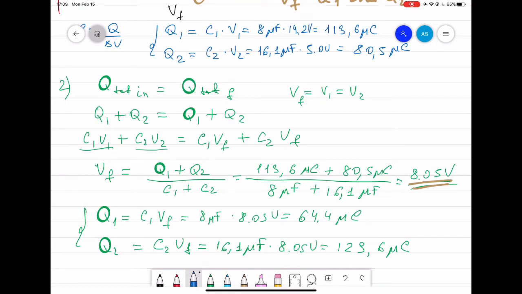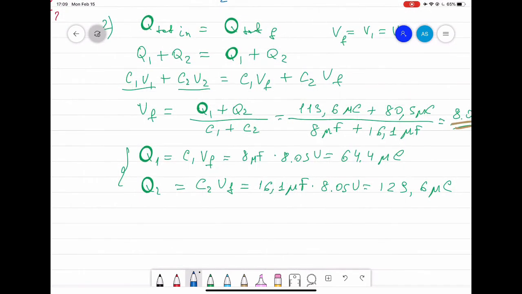After connecting them in parallel, how much charge moved from one capacitor to the other? That one will be delta Q equals Q initial minus Q final.